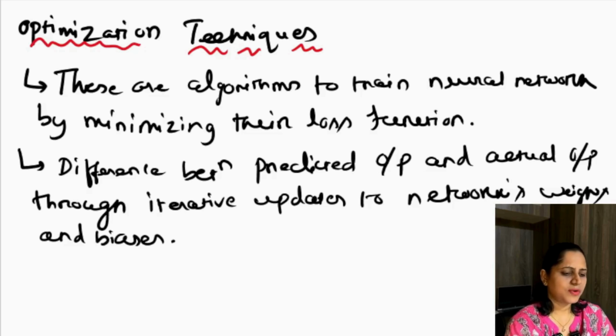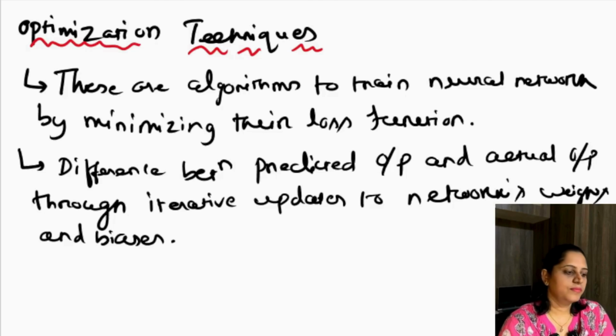So guys, why are we adding bias? Any idea about it? We have an activation function, we have W final equal to Wx plus B, right? So this is my bias part.